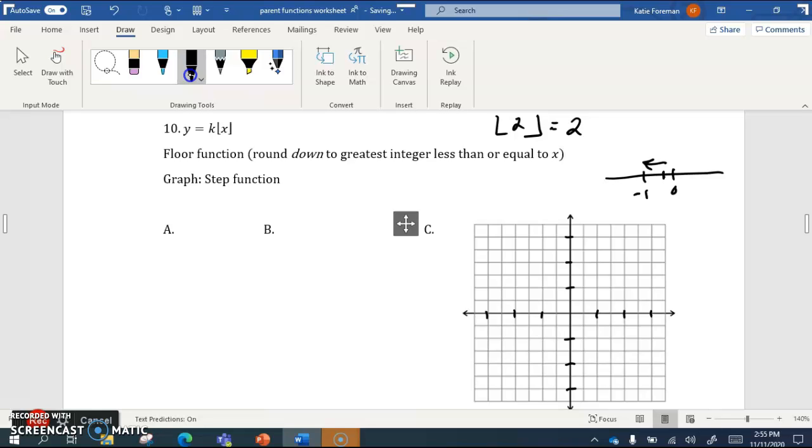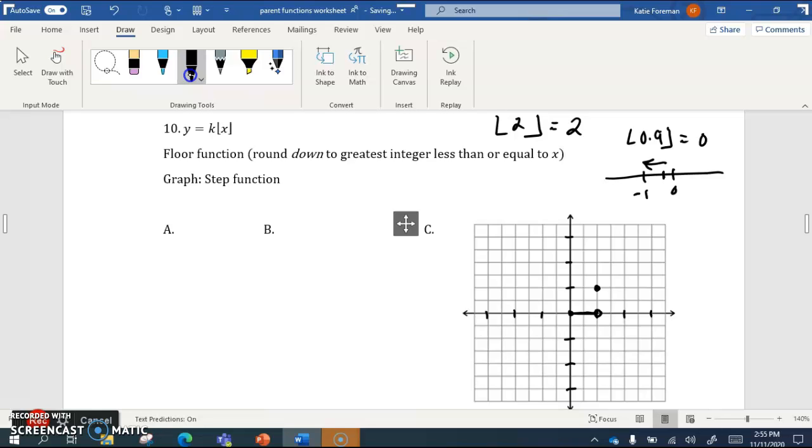So if I'm any number between 0 and 1, even 0.9, I still round that down to 0. So between 0 and 1, all of these values would round down to 0. The floor function of 0 itself is 0, though. When I get to 1, I can't round down to 1, so that gets an open circle, but the floor function of 1 is equal to 1.